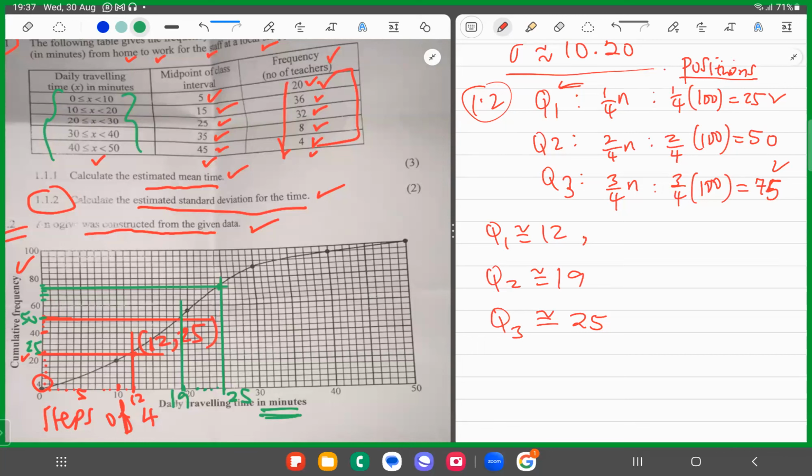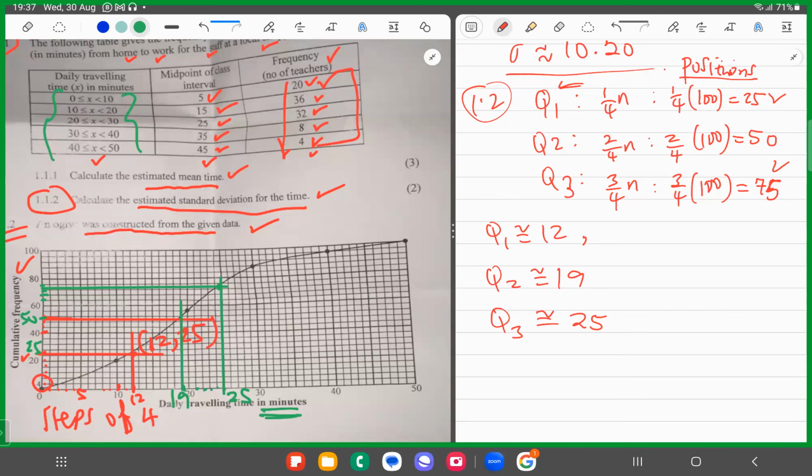We're going to plot everything on the box and whisker plot so that we are very much understanding.